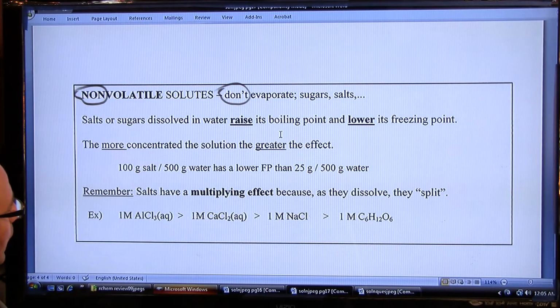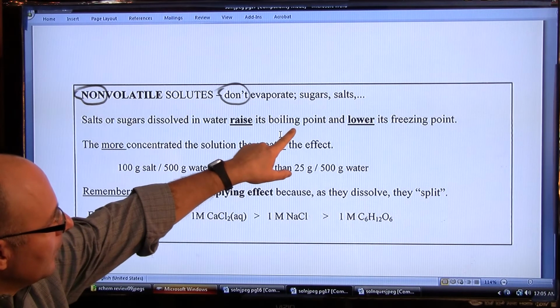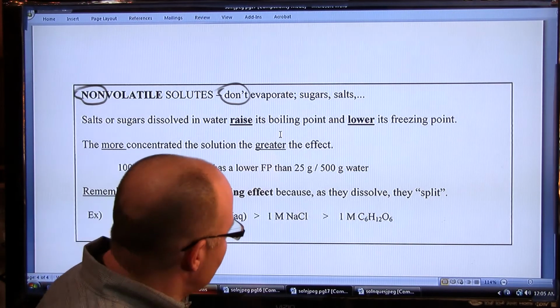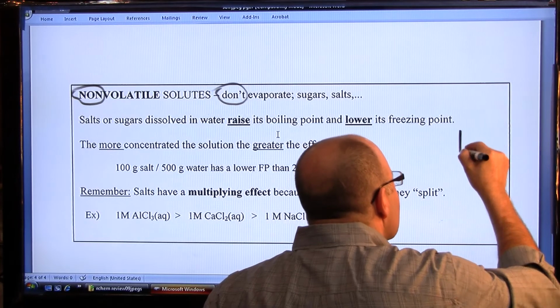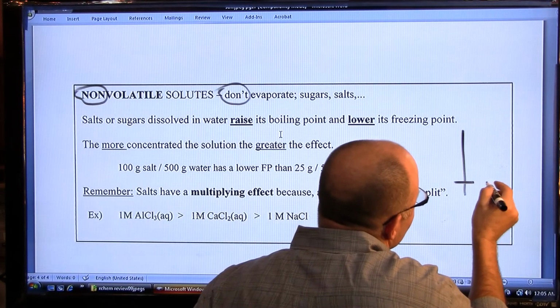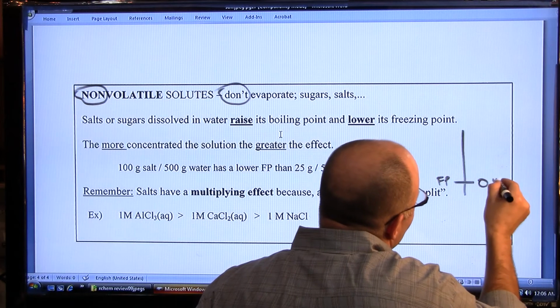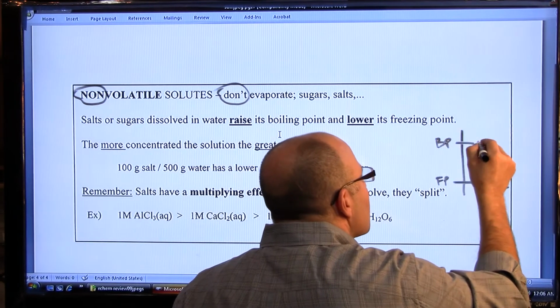And salts and sugars, when dissolved in water, will raise the boiling point and lower the freezing point of the solution. So if it's pure water, you'd expect it to freeze at 0 degrees Celsius and boil at 100 degrees Celsius.